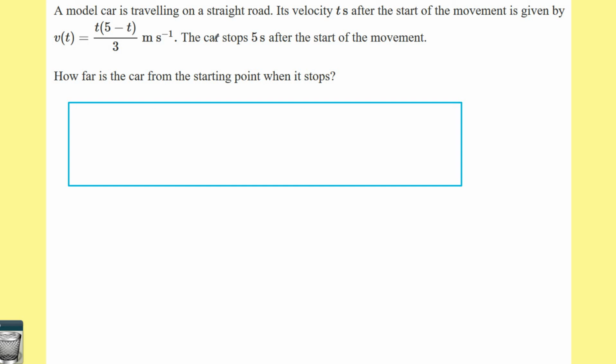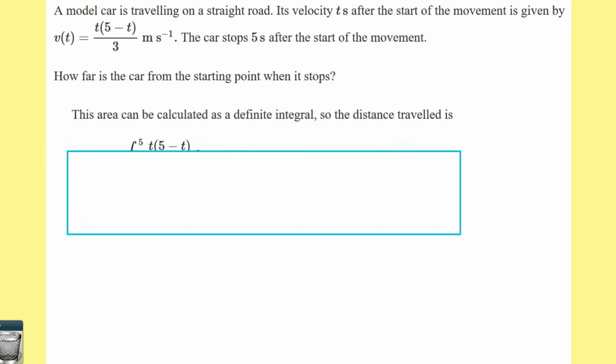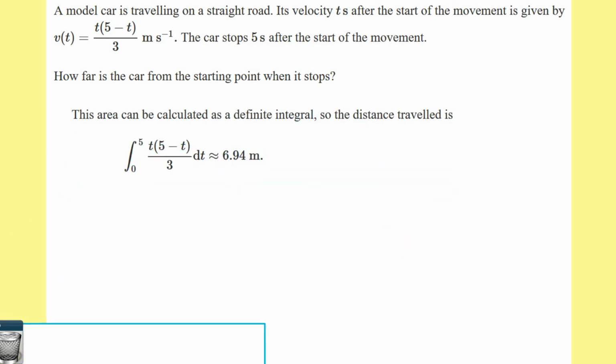But here, what you want to do is find when the car stops 5 seconds after the start of the movement. So you want to find your integral. It starts at 0 and goes to 5 seconds after, so from 0 to 5, and you want to find that distance, the area of all those distances added up.